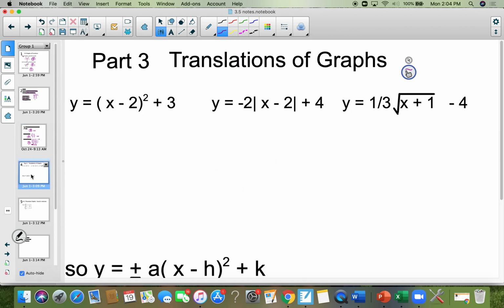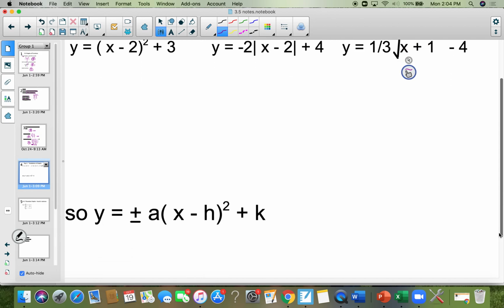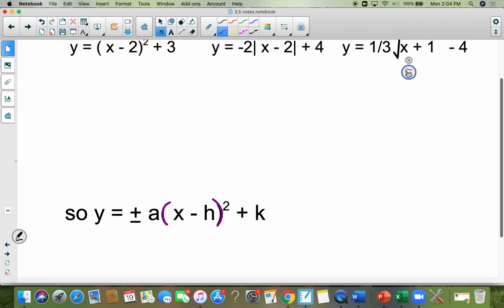Okay, part 3, translations of graphs. It's been a while since you've done translations of graphs. So, this is the formula down here. This is how you translate a graph. If there's a number inside of here, it moves side to side.